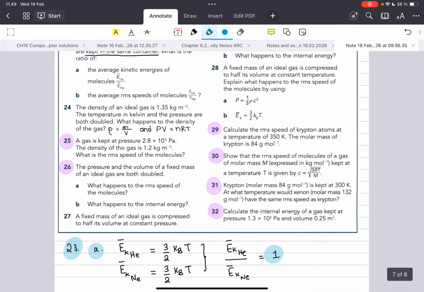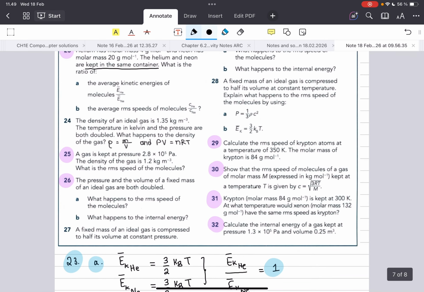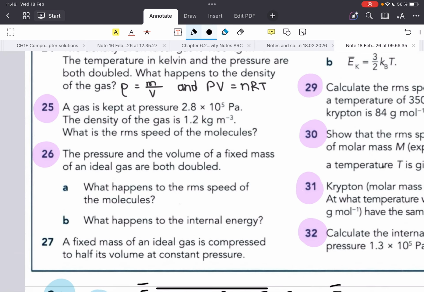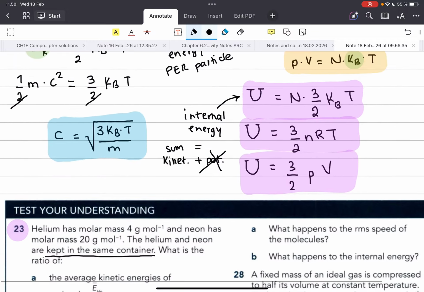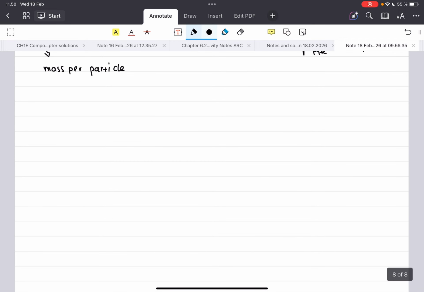Now, let's move on and answer question number 25. It says a gas is kept at a pressure of 2.8 times 10 to the 5 pascals, and the density is given. What is the root mean square speed of the molecules? Well, this is straightforward. The pressure is 1/3 times the density, as we learned, times the root mean square speed squared.